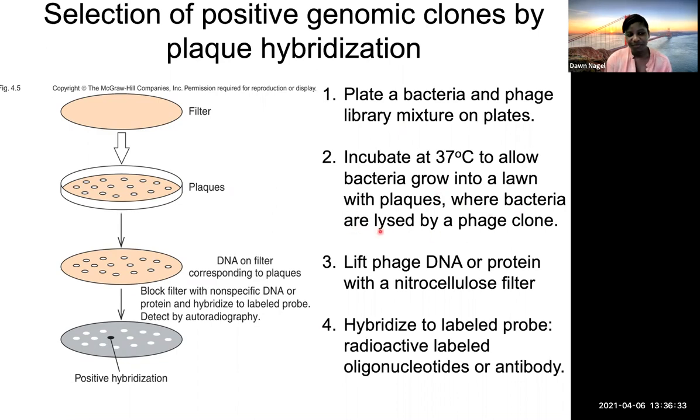And the clearings are where there's phages, where you have the lysed phage, right? Because it's replicated so much, it just bursts in the end. And now you need to get the phage DNA and the protein off of this plate. So what you use is a filter membrane, just rest it very gently on that plate, maybe for a second or 2 seconds, and then you remove that filter paper.